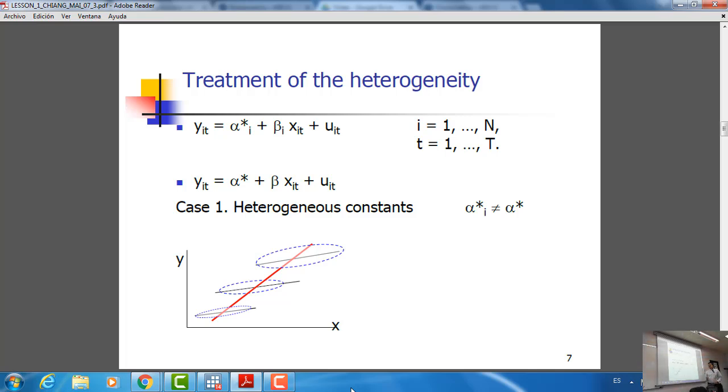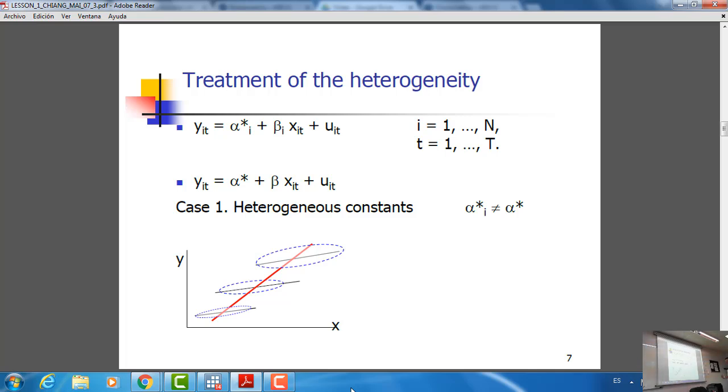So this is important to notice, that heterogeneous constants can lead to what? The main idea is you miss the heterogeneity and you get inconsistent and biased estimates. So you miss the heterogeneity and you're dead. You're dead in this particular example.